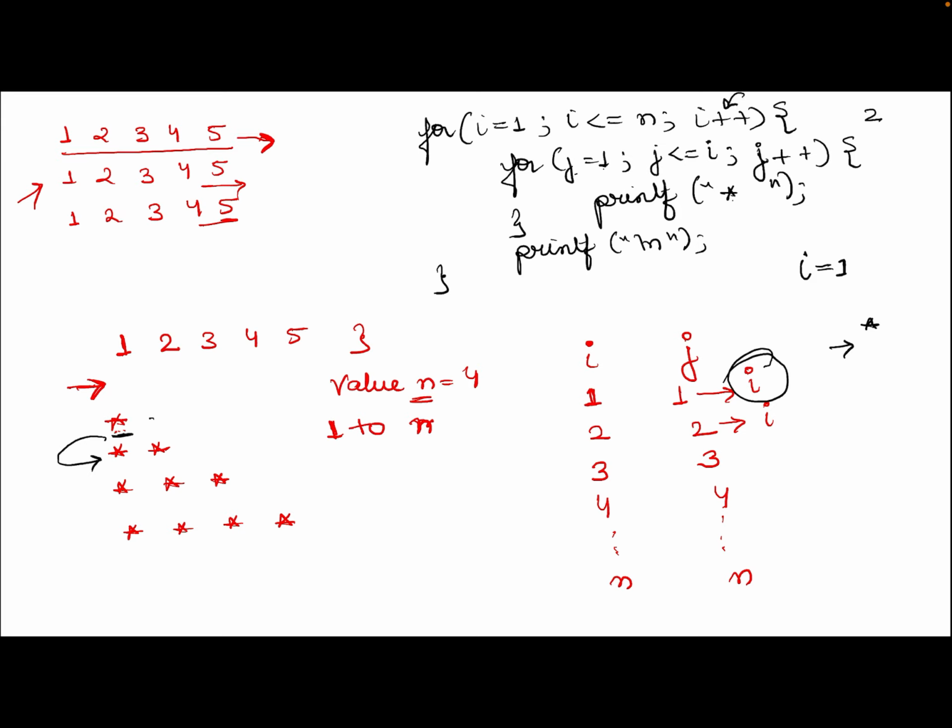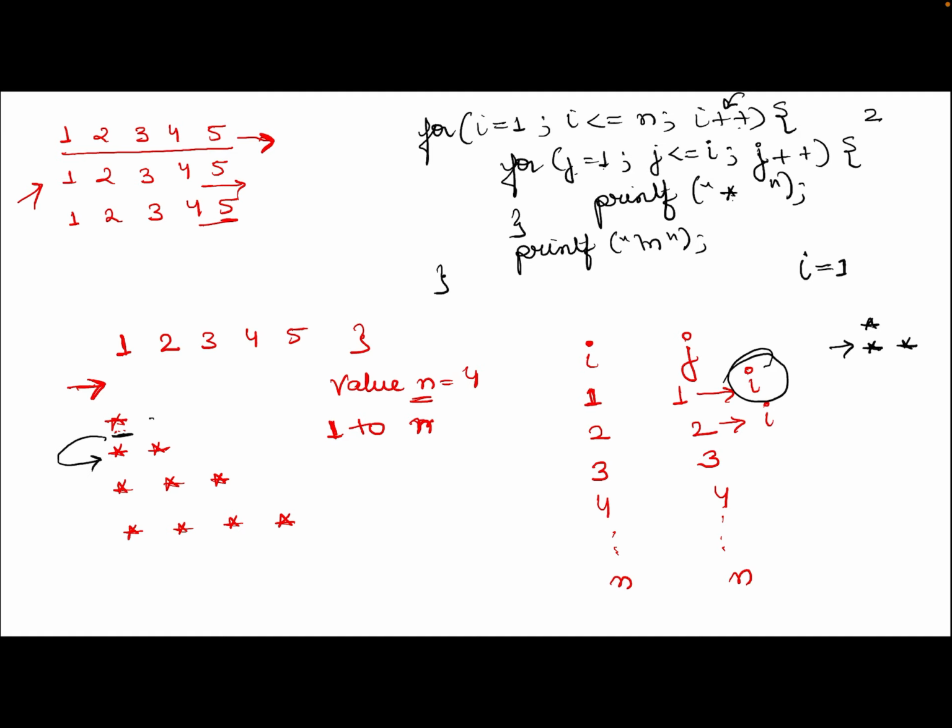Again the value of i will be increased, the value of i will become 2, 2 is less than or equal to n, suppose n is 4, condition is true. So again the value of j will be initialized to 1, 1 is less than or equal to 2, condition is true, star will be printed. Again j plus plus, 2 is less than or equal to 2, condition is true, it will print asterisk again.